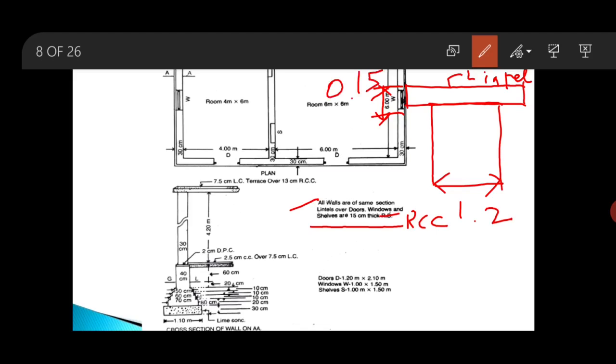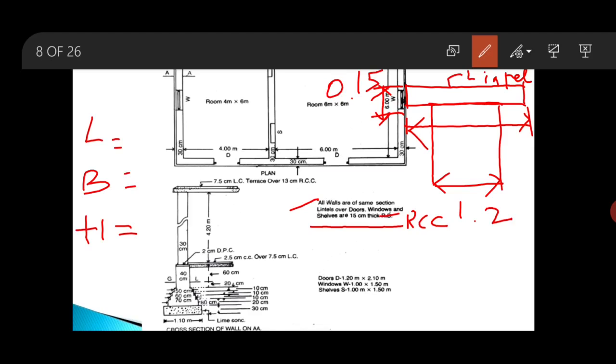Okay. So, then we have to calculate what is the length of this lintel. It is the length, breadth and thickness or height.